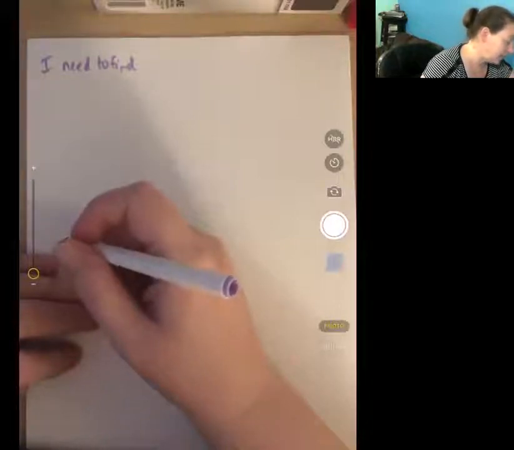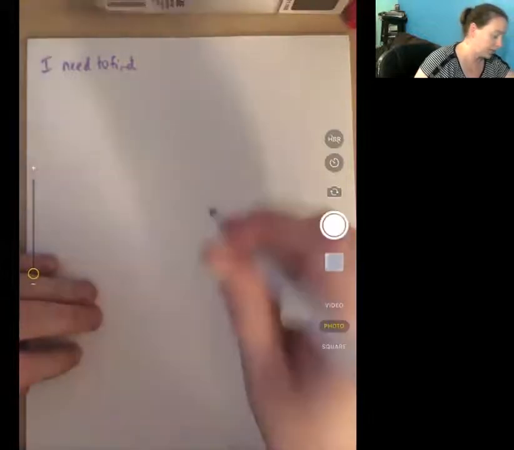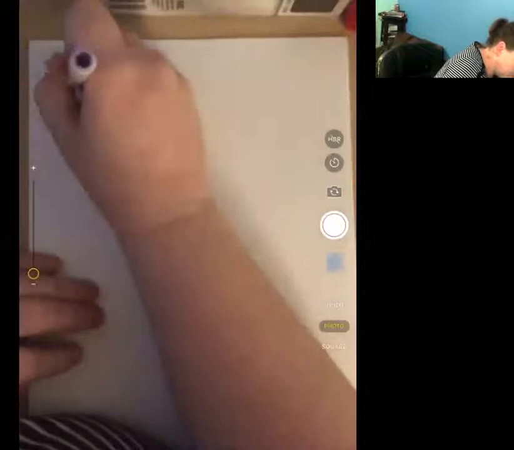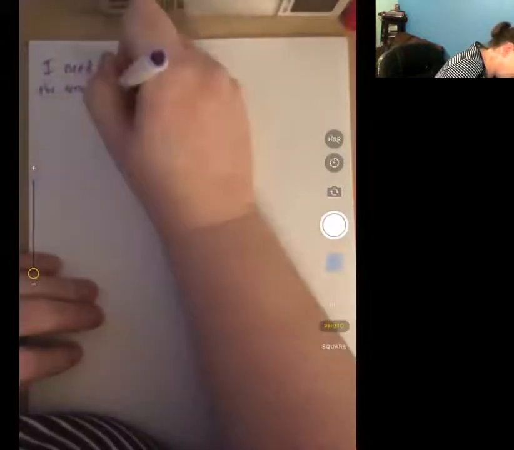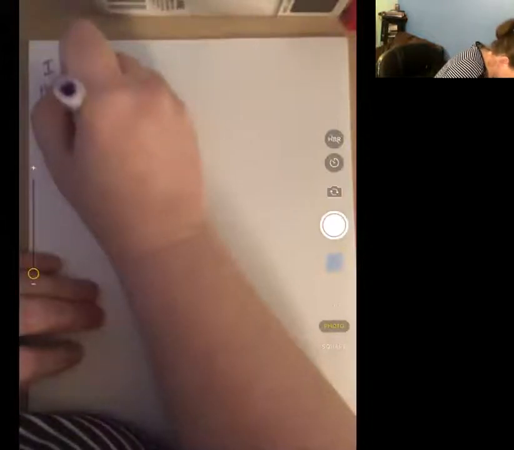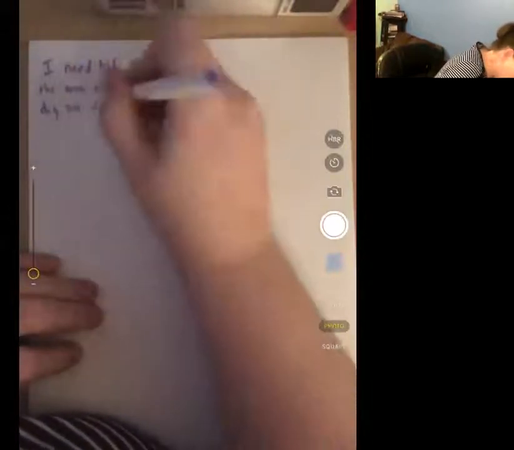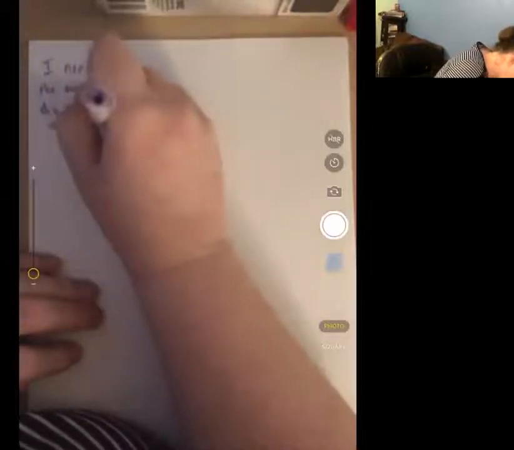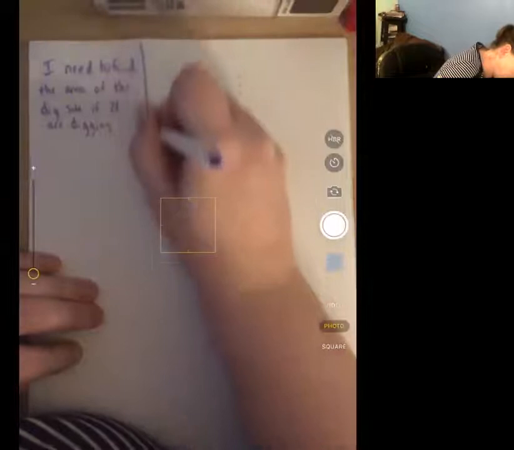So what is the area of the dig site if 21 members are digging at one time? I need to find the area of the dig site if 21 are digging. That's what I need to find.